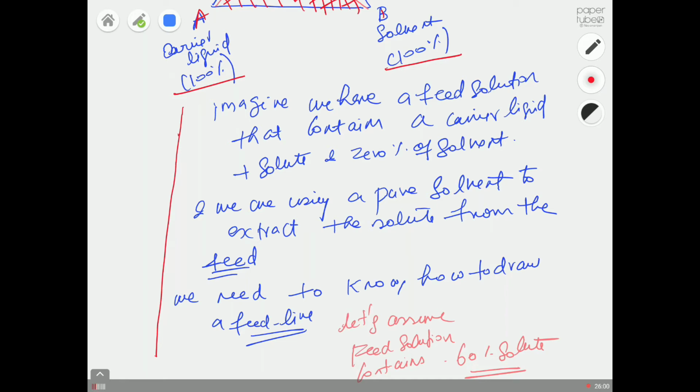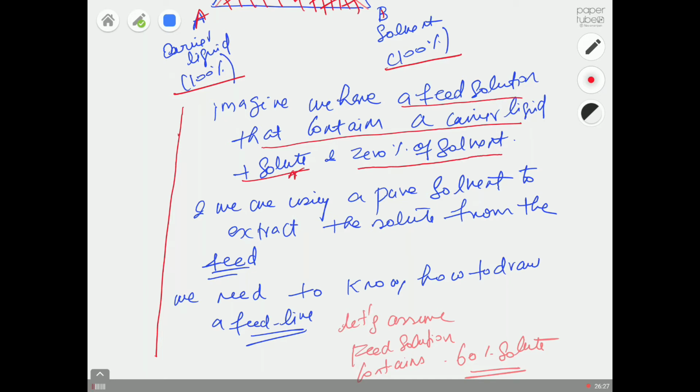So just imagine we have a feed solution that contains a carrier liquid plus solute, and just assume this feed solution contains 0% of your solvent. So this is a normal statement. You have a feed solution that contains solute and carrier liquid, and we normally use liquid extraction to remove solute, yeah, using some solvent.